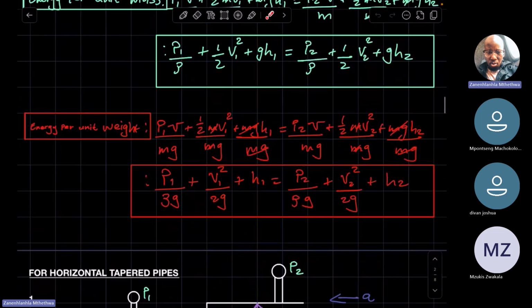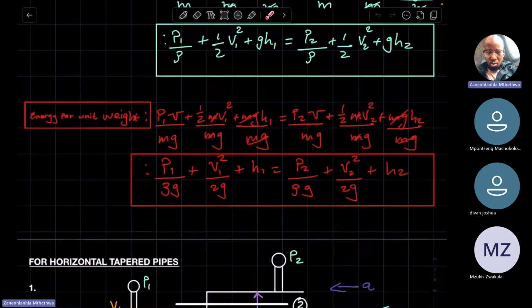And then the one you're asking for: if you've been asked to calculate the head loss in the system, it is best that you express your Bernoulli's equation in terms of energy per unit weight.